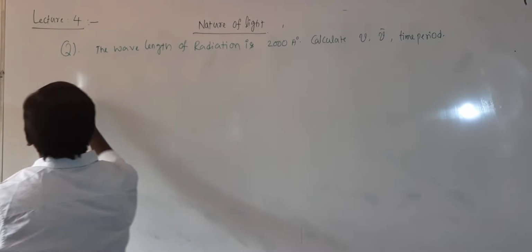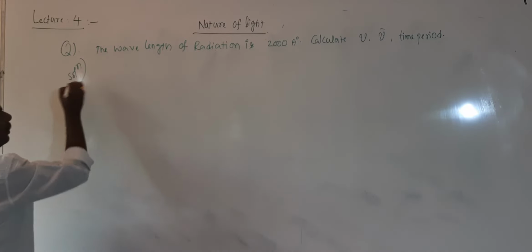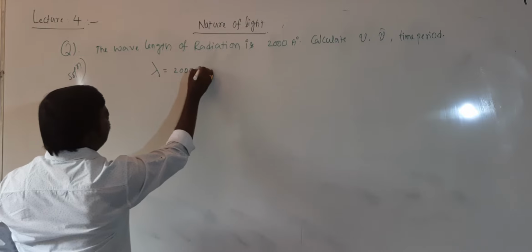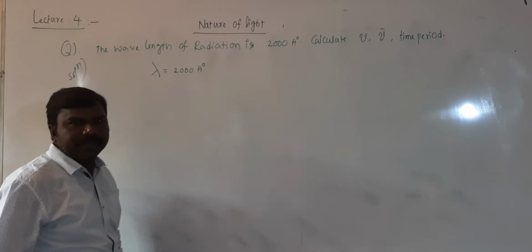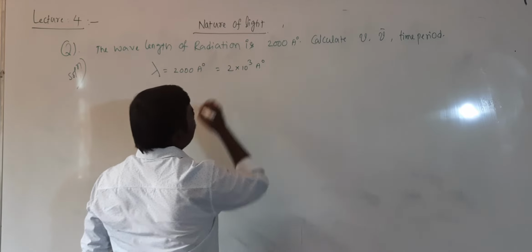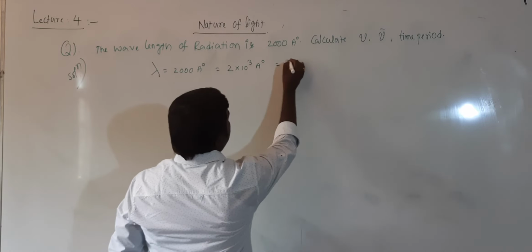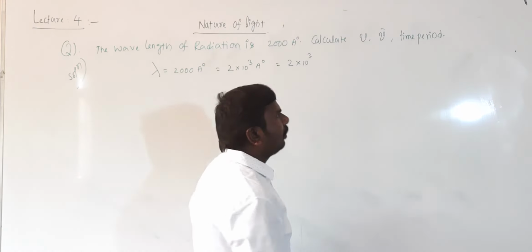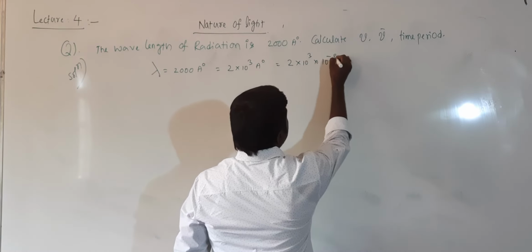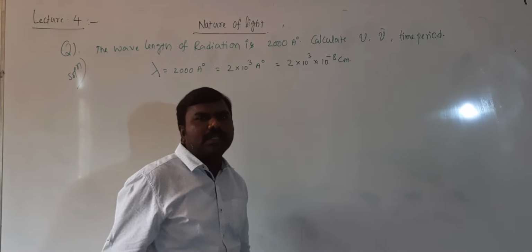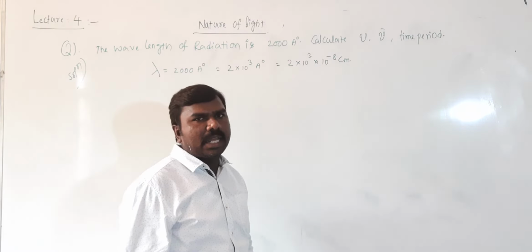Now, solution for this question. They gave wavelength equal to 2000 angstrom units. You can take it as 2 into 10 to the power of 3 angstrom units. One angstrom unit equals 10 to the power of minus 8 centimeters, otherwise 10 to the power of minus 10 meters.